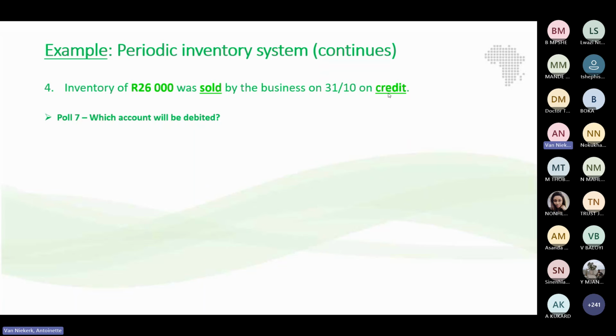We know about two other accounts: trade and other receivables, which is your debtors, and trade and other payables, which is your creditors. The question is which one will be used? Remember, it's the periodic inventory system. Once again, the inventory account will not be used. We will use the purchases or sales account. So now let me launch the next poll.